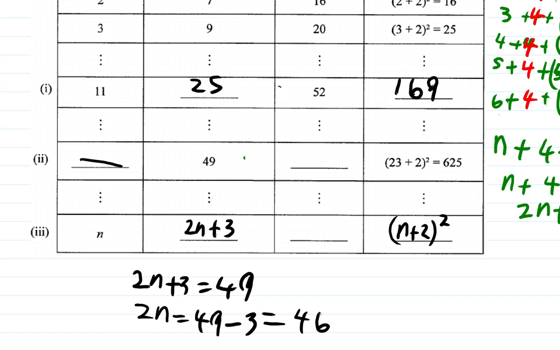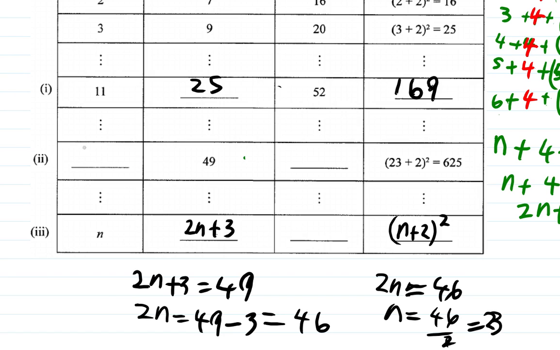It's 46. And then if 2n is equal to 46, divide both sides by 2, it's 46 over 2. 2 into 4 is 2, 2 into 6, 3 is 23. So this would be figure 23. Do you see that?